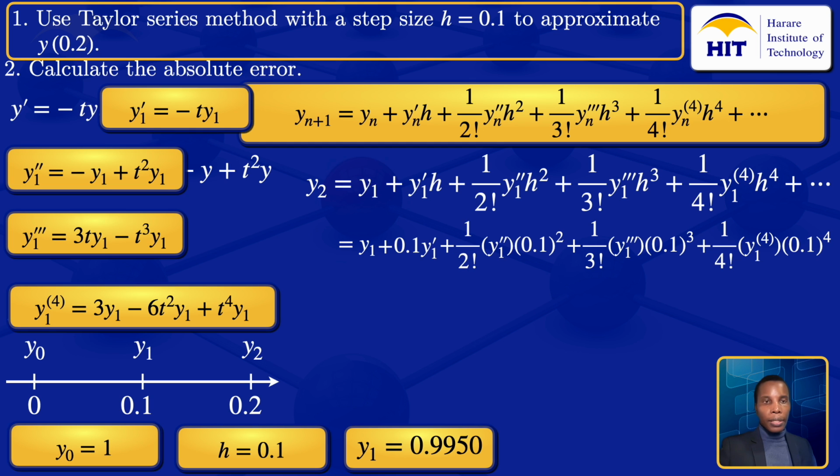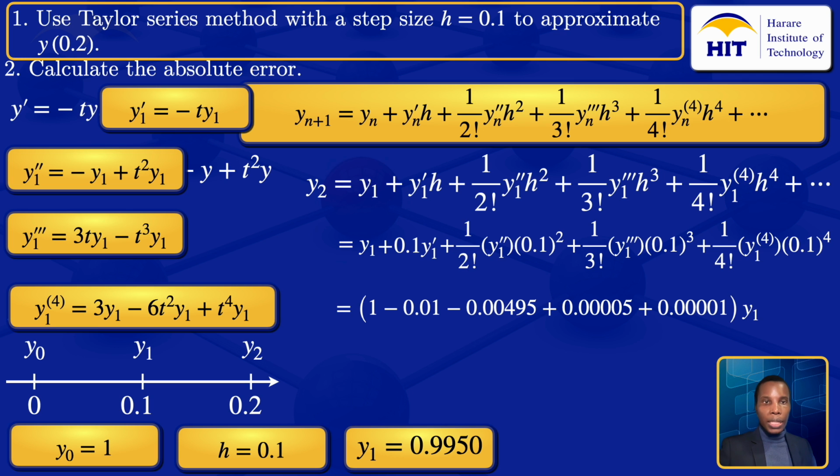So in these equations that I've highlighted here, we can substitute the value of t. At y1, the t is 0.1. And we are using the value of y1 equal to 0.9950. So when we do that, our expression here will simplify to 1 minus 0.01 minus 0.00495 minus 0.0005 minus 0.00001 multiplied by y1.